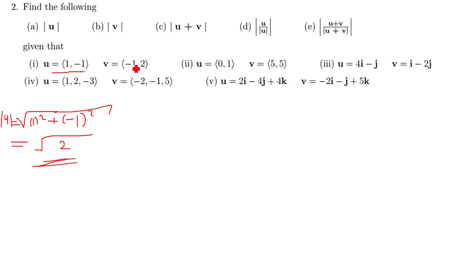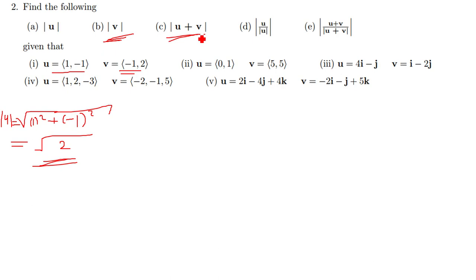From there you can find the magnitude of v, which is simple. You find it in the same way. Then we find the magnitude of u plus v. When you're adding vectors, you just add them in the normal way. There's nothing like using terminal minus initial.